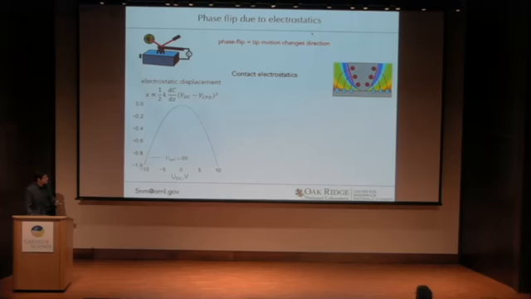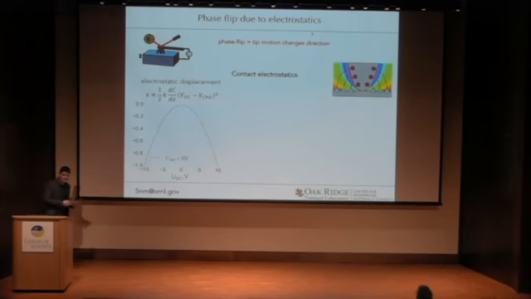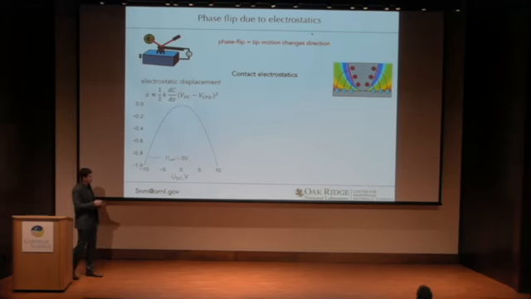But piezoelectricity doesn't hold a monopoly on phase flips. Any other force that changes the direction of motion of the tip will also flip the phase. And one such force that seems to be ubiquitous in these measurements is contact electrostatics, where you would imagine a tip that you bias, and so you put some charge on, and it interacts with the charges built into the material.